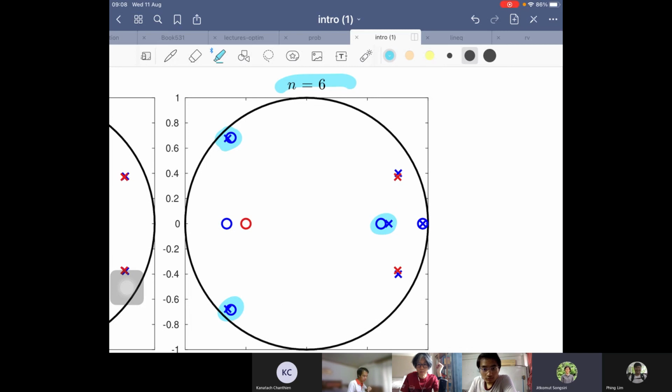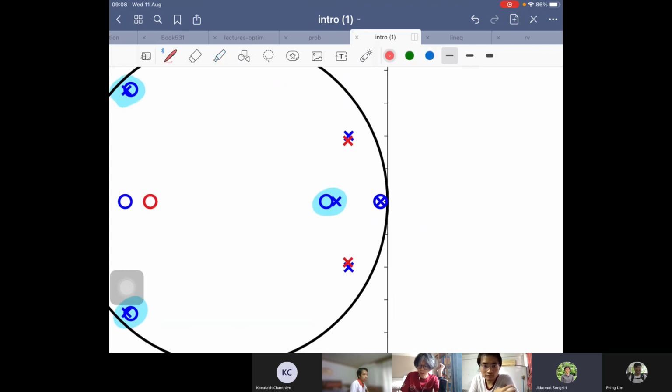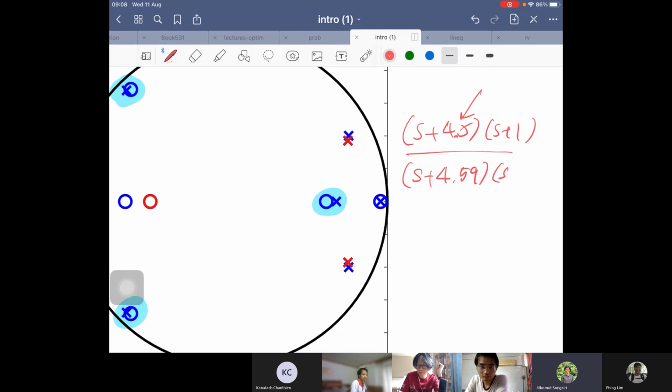Pole and zero are nearly the same. Yes, the locations of pole and zero are very close, right? So it would be like the pole at 4.5 is plus 1, and this is the zero, right? And the pole may be like 4.59, for example.